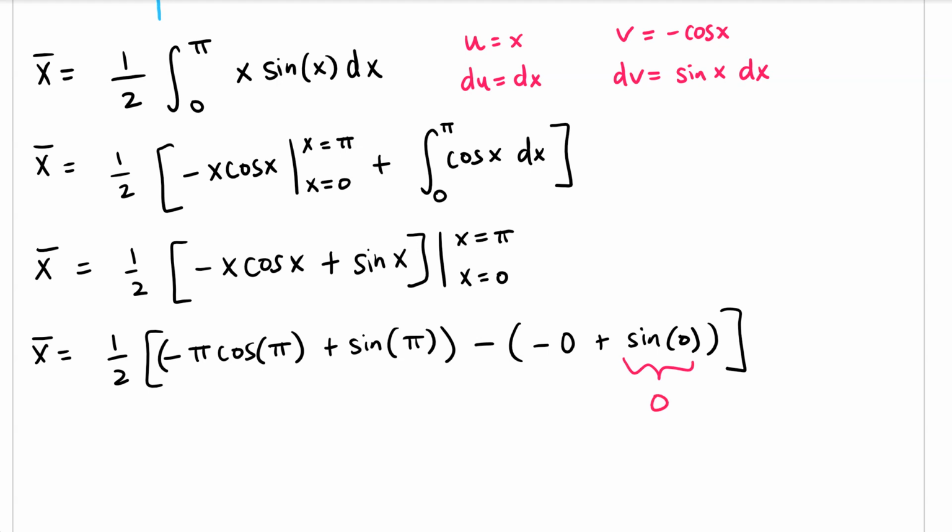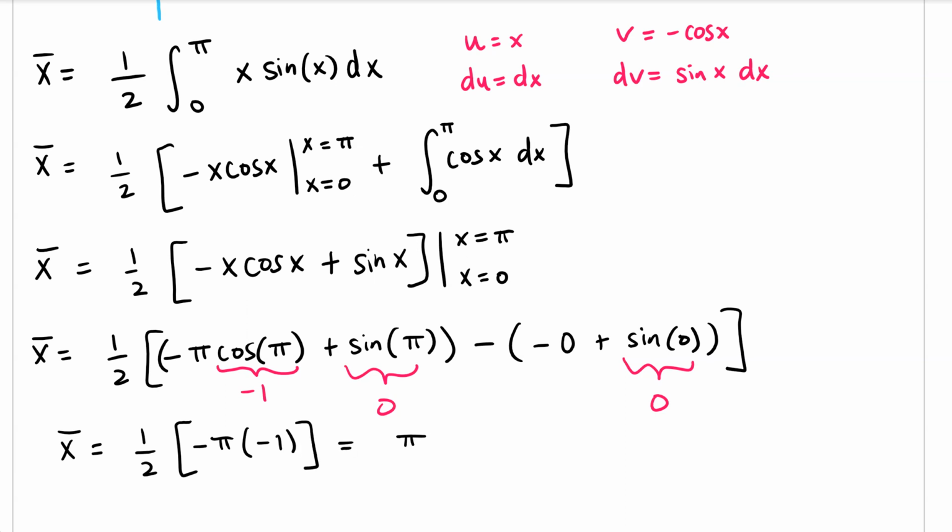Okay, so that's 0. Sine of pi is also 0. And cosine of pi is negative 1. So we get x bar is equal to 1/2 times negative pi times negative 1.